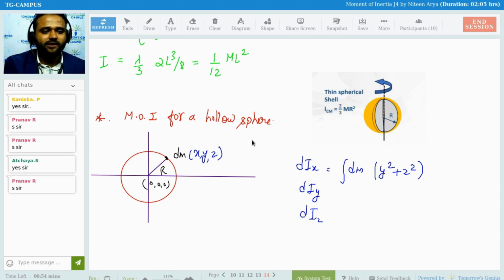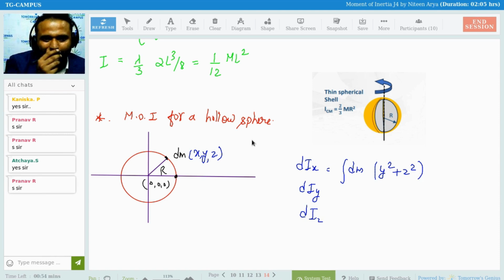The distance from the x-axis, you can understand in this way. On this particular x-axis, if I want to find the radius, if this is the y-axis, then this is dy. From the diagram you can understand. Just a minute.